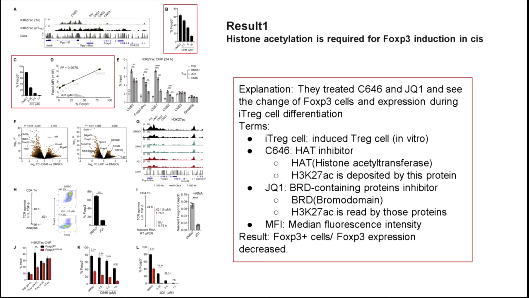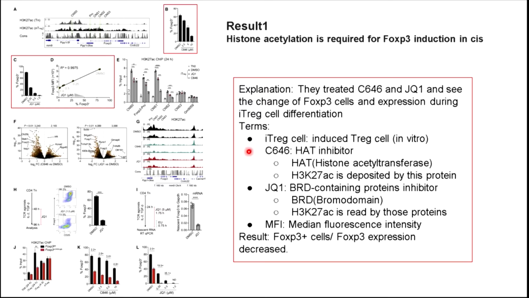Figure B and C show the number of the Foxp3 expressing cells shown in percent Foxp3 plus after treating JQ1 and C646. In this experiment, they use iTreg cells, which become regulatory T cell in vitro.